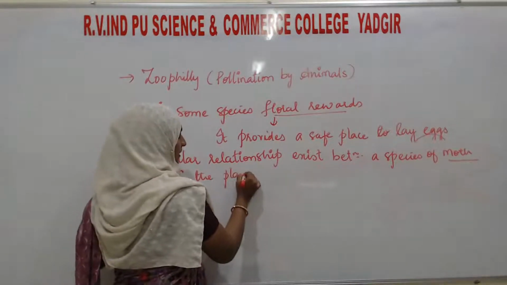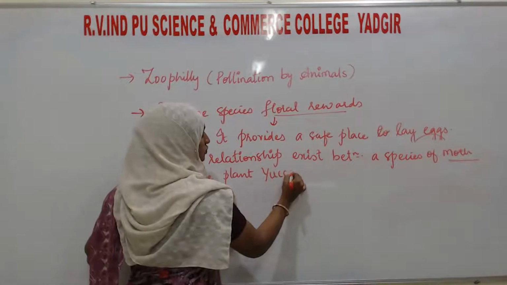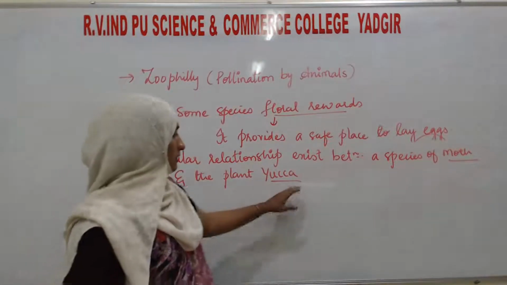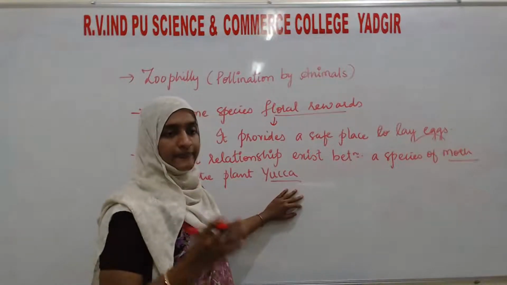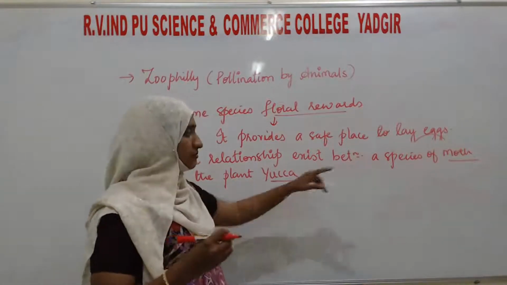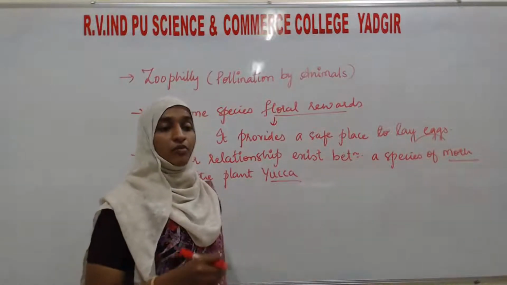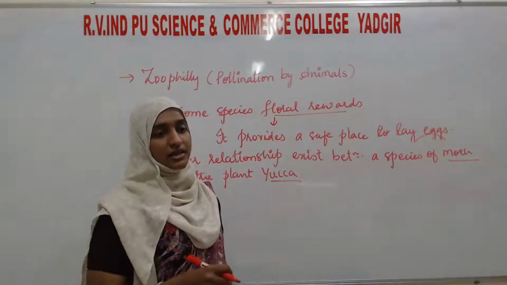What is the name of that plant? The name of the plant is yucca plant. Okay, same thing. The yucca plant is getting pollen grains from the moth. In return, the flowers of the yucca plant are going to provide a space for laying the eggs.